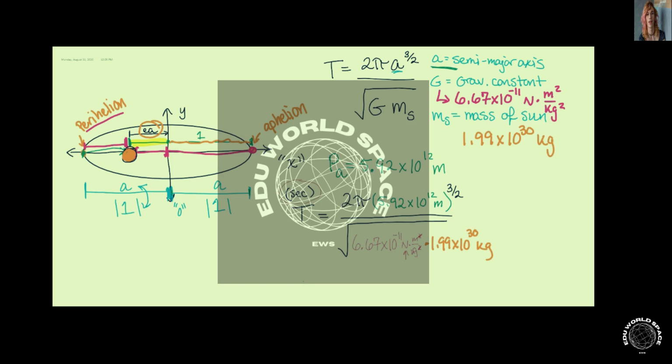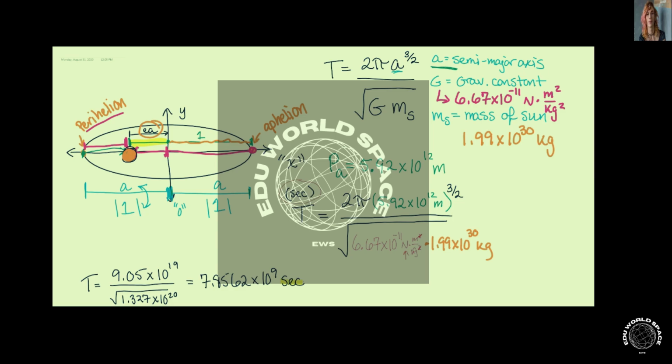Your numerator should look like 9.05 times 10 to the 19th, all over the square root of 1.327 times 10 to the 20th. If you simplify that, you're going to get 7.8562 times 10 to the 9th seconds.